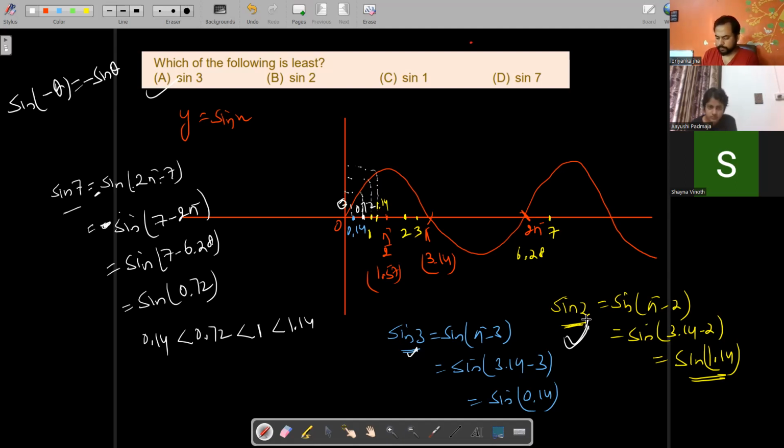So sine 2 is 0.03, sine 1 is 0.01, sine 7 is 0.12, and sine 3 is 0.05. Something is wrong in there.